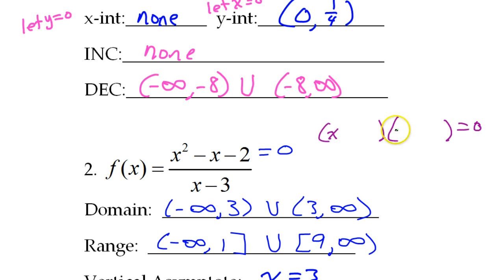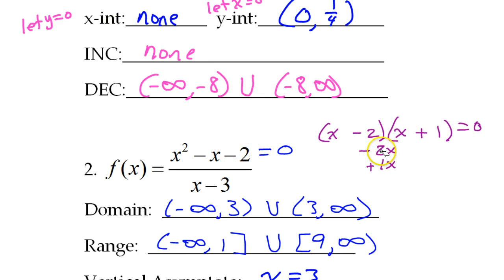X squared, that's x times x. 2 is 2 times 1. Inner plus outer has to equal middle. Inner I have 2x. Outer I have 1x. I can get a middle of negative 1 if I have a negative 2 and a positive 1. So that would be negative 2 and positive 1, and that does give me negative 2 because negative times a positive is a negative. So there I factored it.